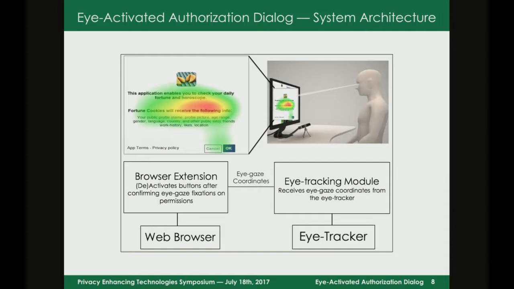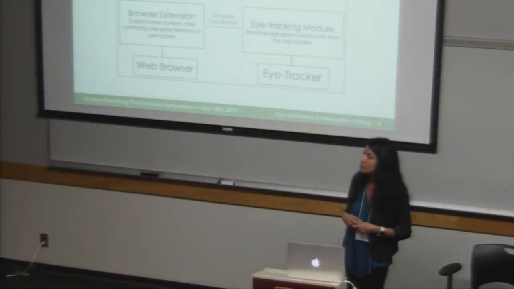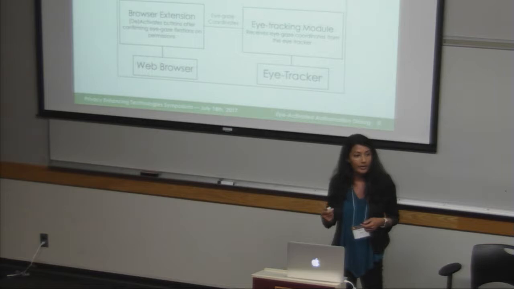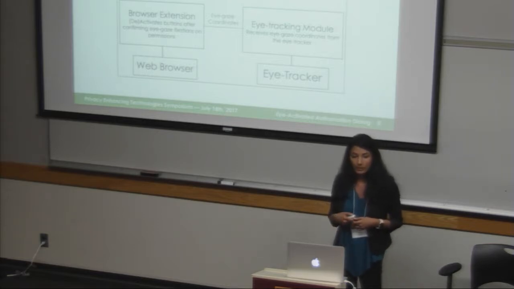We developed a Chrome browser extension for this purpose, which detects the decision buttons on the dialog, and it uses eye gaze information from the eye tracking device in order to determine if there's an overlap between the user's eye gaze coordinates and the coordinates of the permissions on screen.